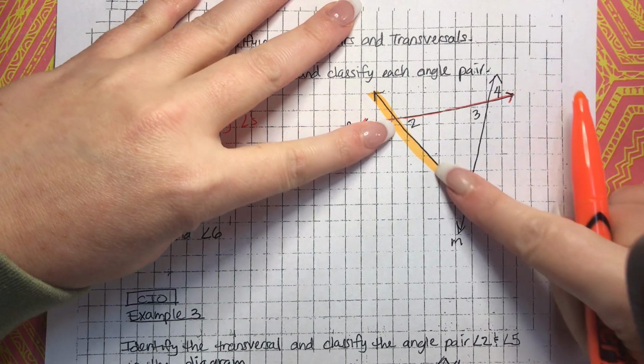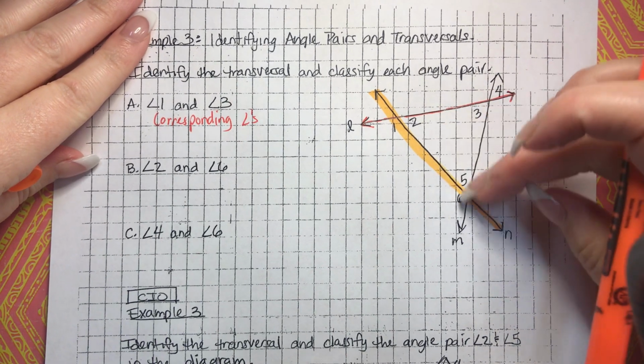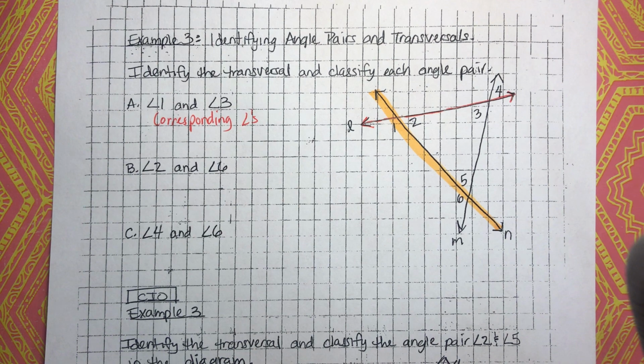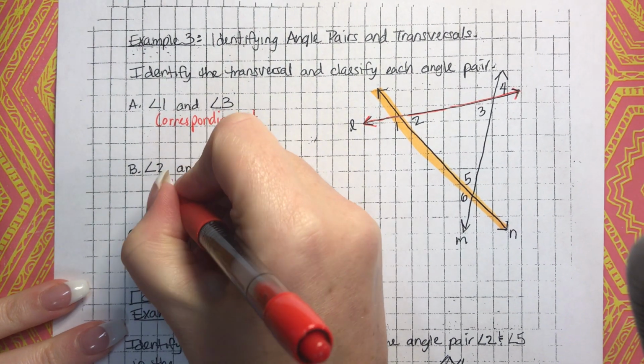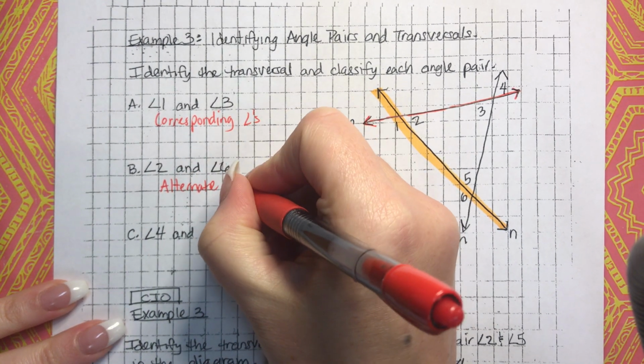They're on the inside of these two lines. So we're dealing with interior angles, and they're on alternate sides of this transversal. So 2 and 6 would be alternate interior angles. So I'm just going to write alternate interior angles.